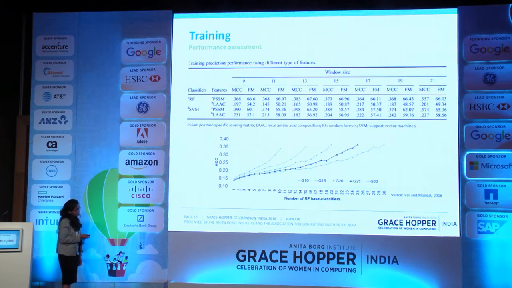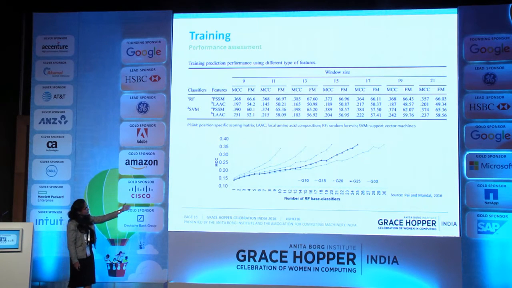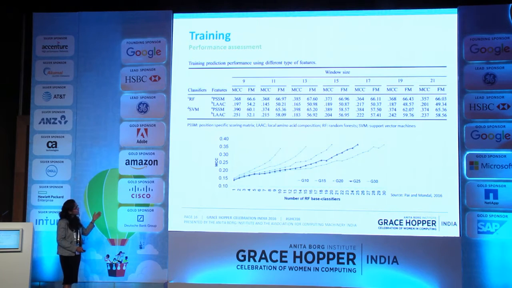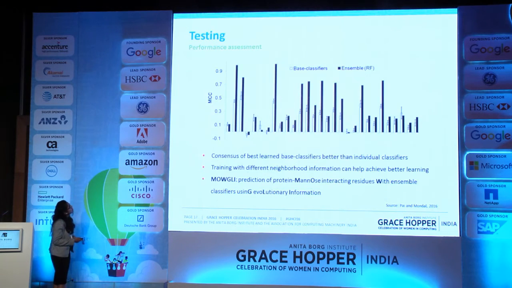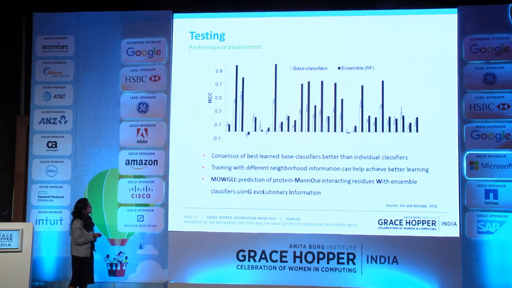The individual classifiers were stable over the different subsets, and we used some of the best learners and took a consensus of these to test the final 29 examples that we reserved for testing.